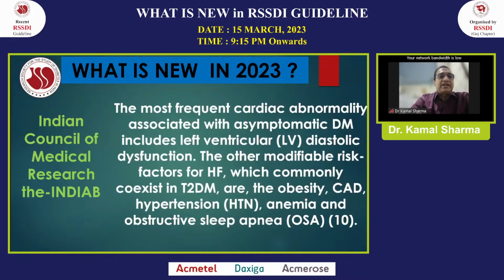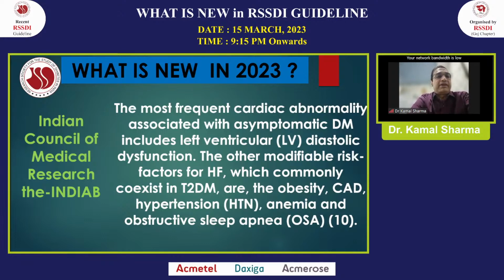So this India B study, one of the biggest studies done by the ICMR itself, has looked primarily into the cardiac abnormalities which are associated with asymptomatic diabetes mellitus, including LV diastolic dysfunction and other modifiable risk factors for heart failure which coexist with diabetes, identified as obesity, coronary artery disease, hypertension, anemia, and very importantly, obstructive sleep apnea.